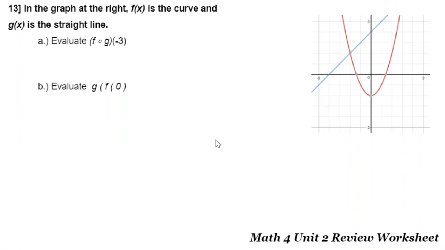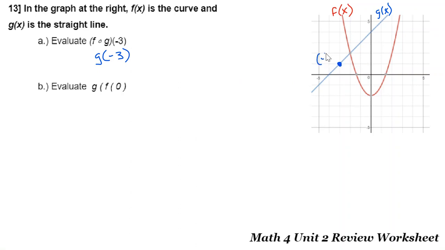All right, here we are to this guy. We are evaluating f of g of -3, and of course f of x is the curve, and g of x is the straight line. So if we're starting with g of -3, we're going to ask, where is x -3 on the g line?